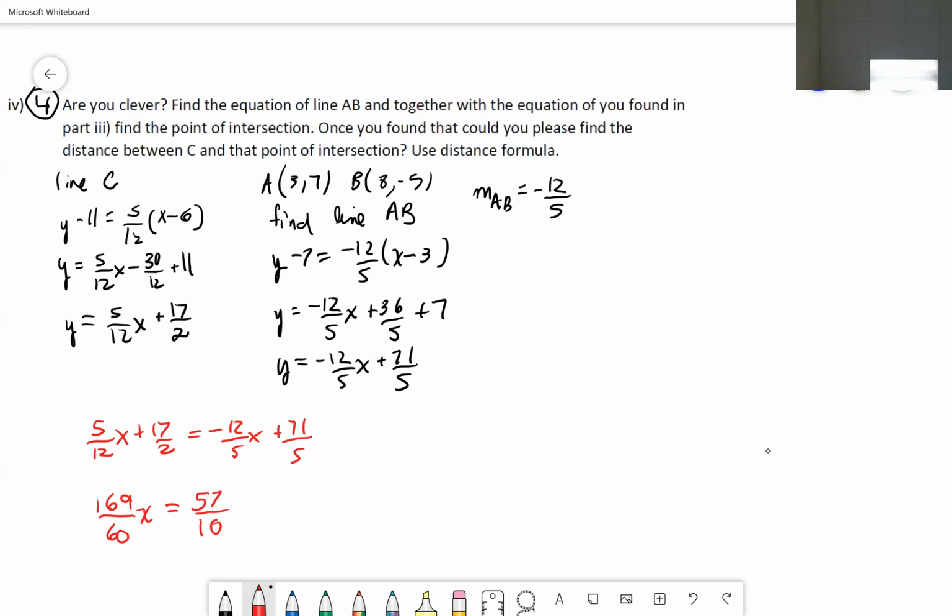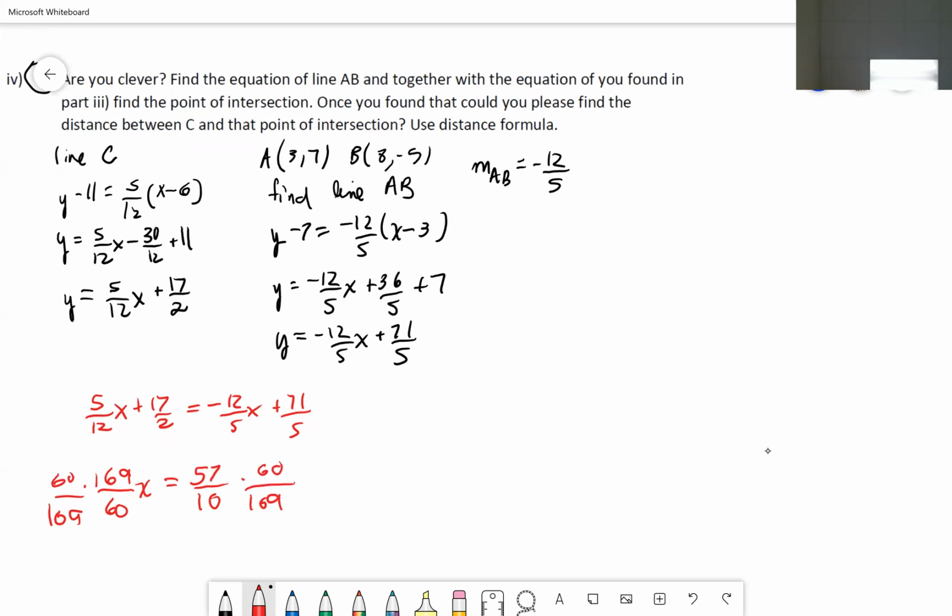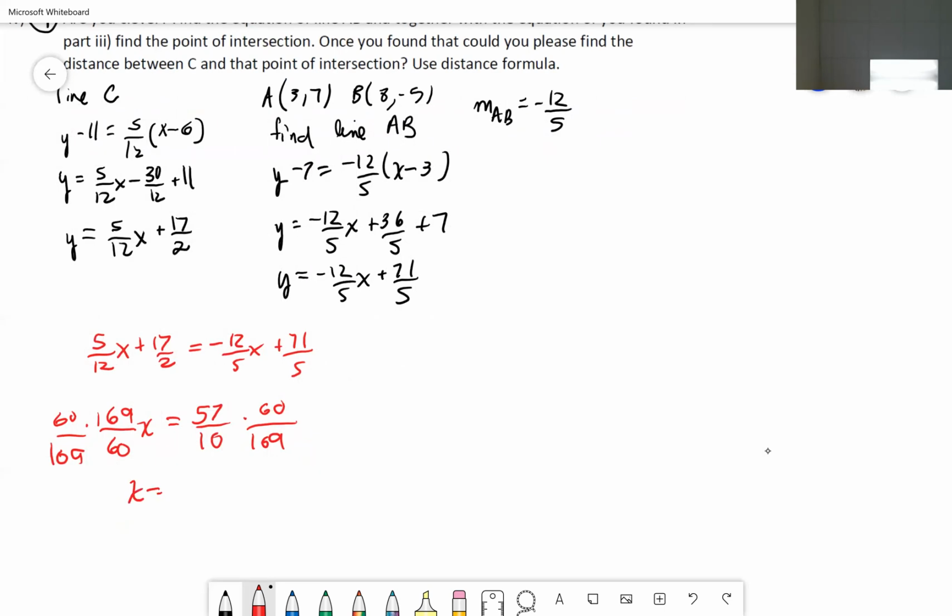And now when I multiply 57 over 10 by 60 over 169, the reciprocal of that, I get the value of the intersection of x.